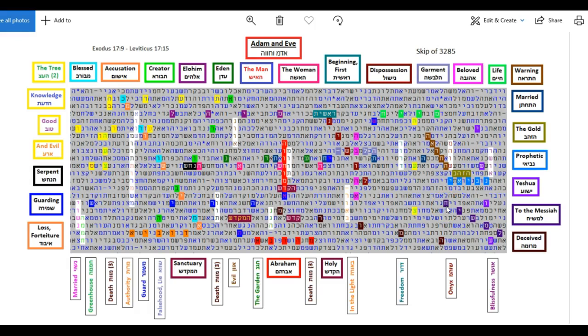And Yeshua crosses right over that, Yeshua, to the Messiah. And Genesis 3:15 is that prophecy that speaks of the Messiah coming and bruising the head of the serpent.